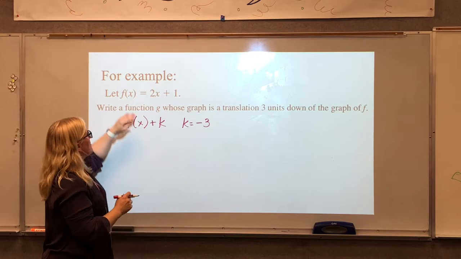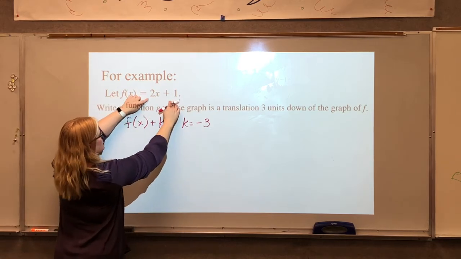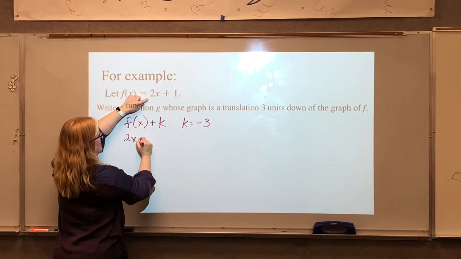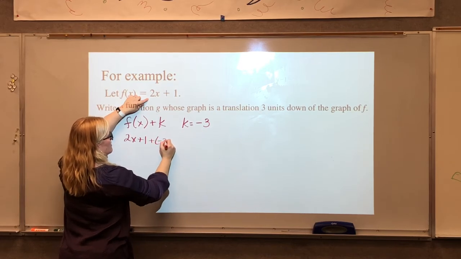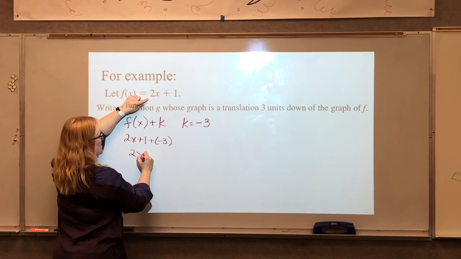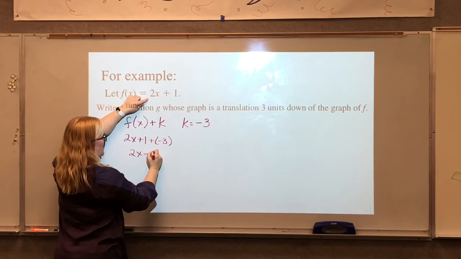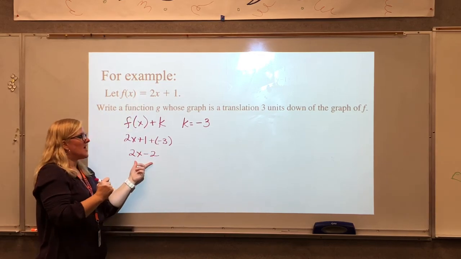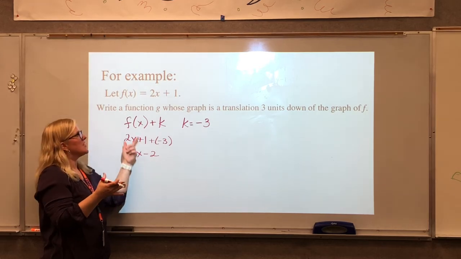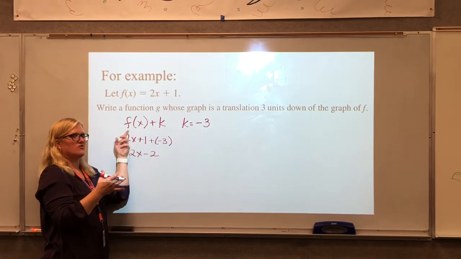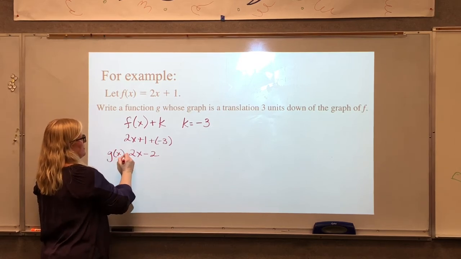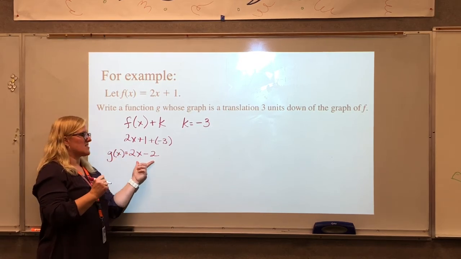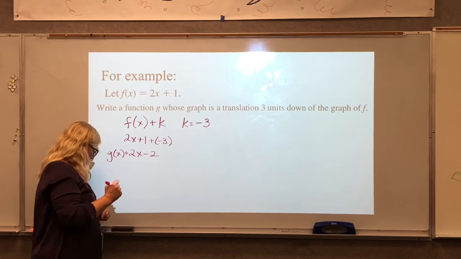All right? So I'm going to take f of x. f of x is 2x plus 1, plus k, which is -3. So I have 2x, 1 plus -3 is -2. And because I transformed it, I put it into like this little transformer machine, I have to give it a different name. Okay, so g of x is 2x minus 2.